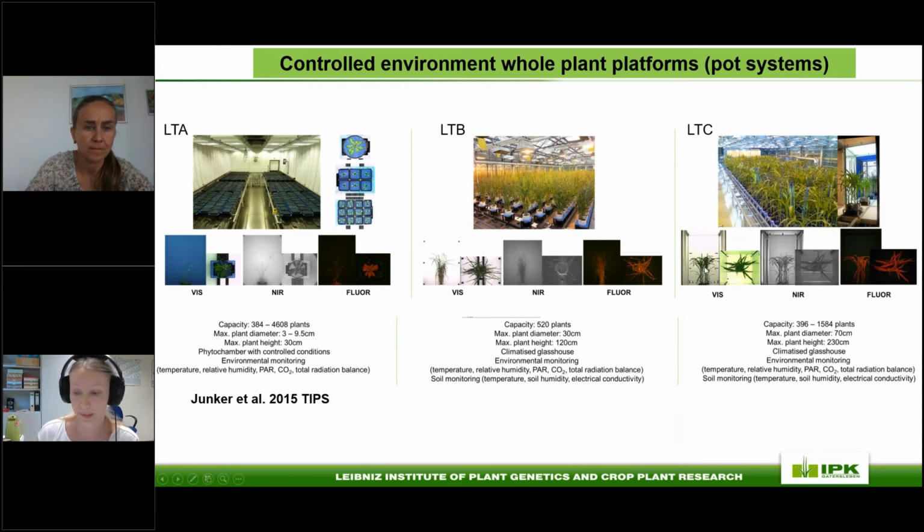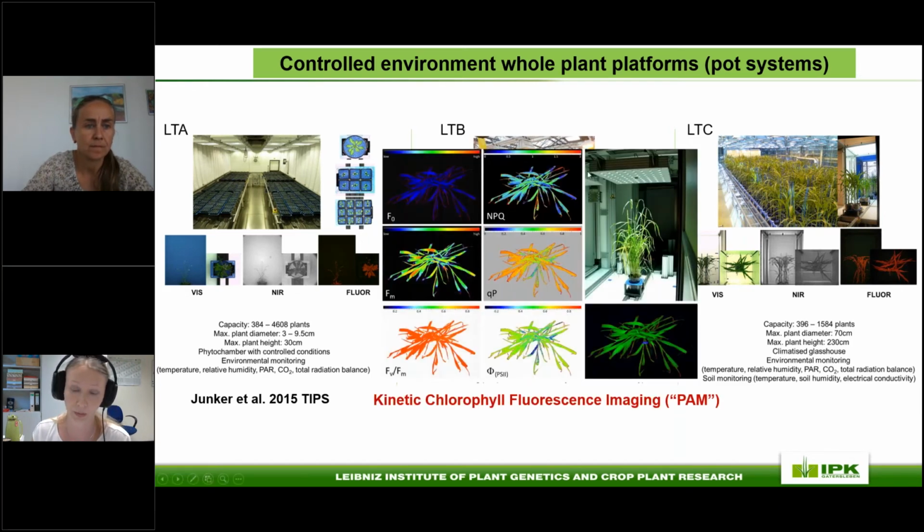And since the DPPN project, all three systems got upgrades also with kinetic chlorophyll fluorescence imaging systems from PSI, and therefore I'm very thankful that we had the introduction to all these techniques from Klára before, and we have applied this also to cereals, and this is how example images look like.